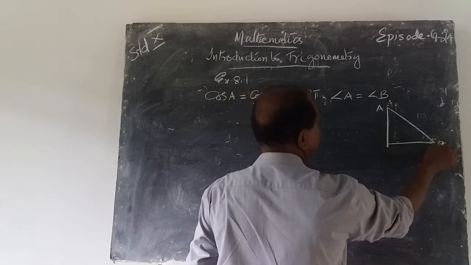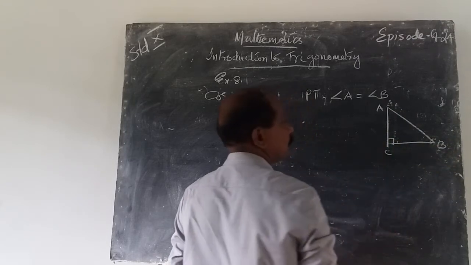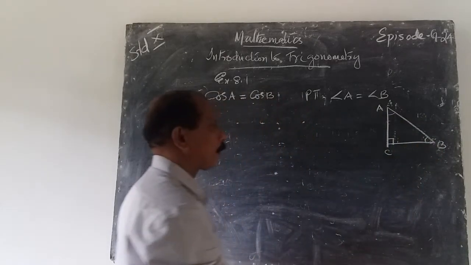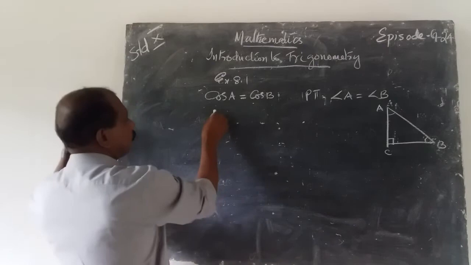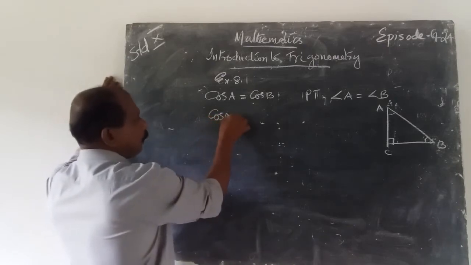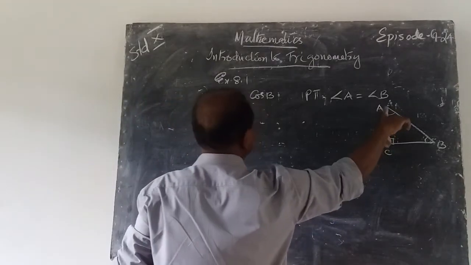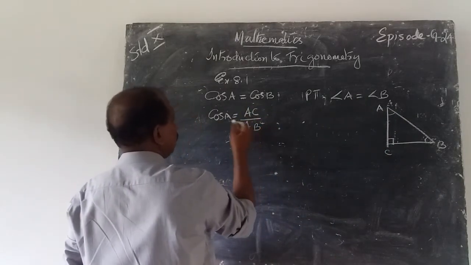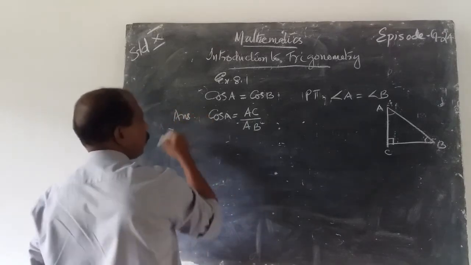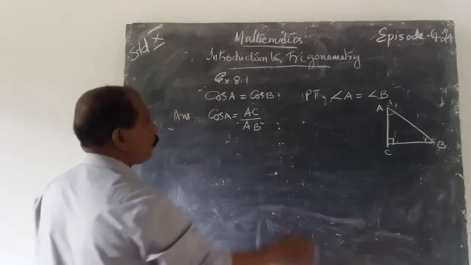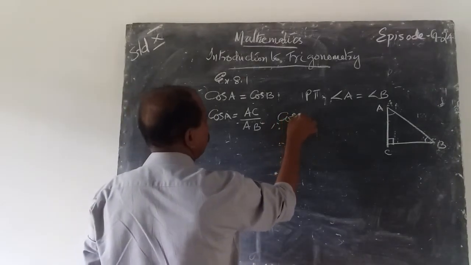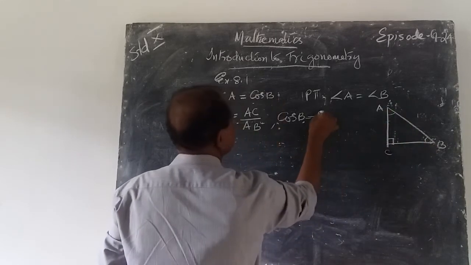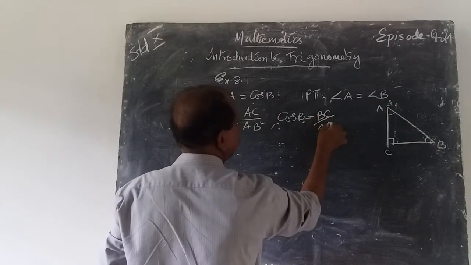A, B, C. This is the right angle. These two values are equal. That is, cos A is equal to adjacent side by hypotenuse, AC by AB. Cos B is equal to adjacent side by hypotenuse, BC by AB.